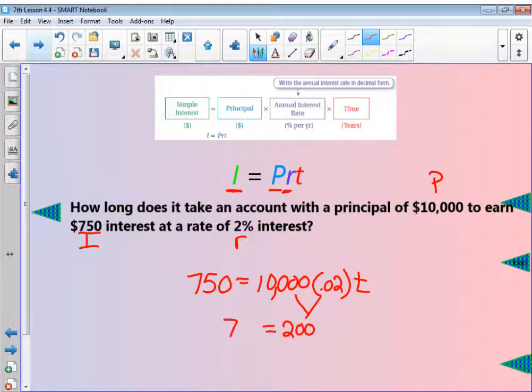And over here I have 750, and I still have a T. I want to get T by itself, so divide by 200. 750 divided by 200 is going to give me 3.75 years.